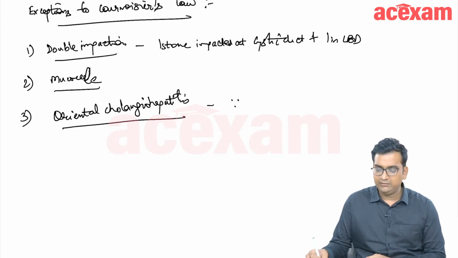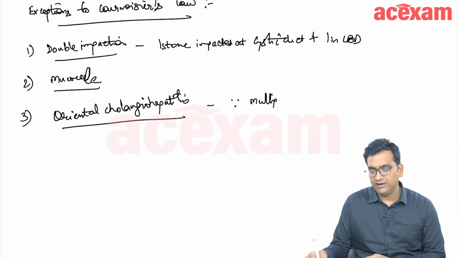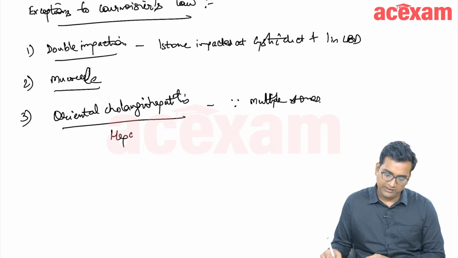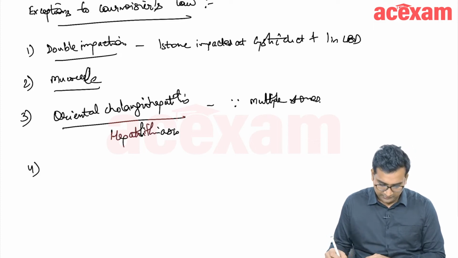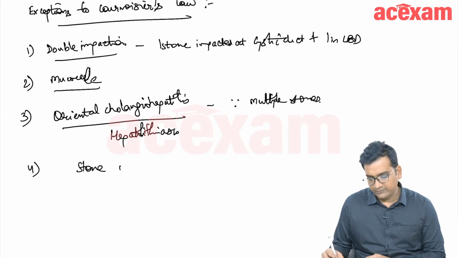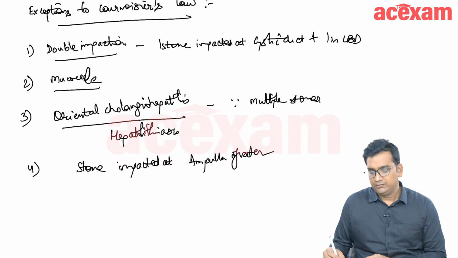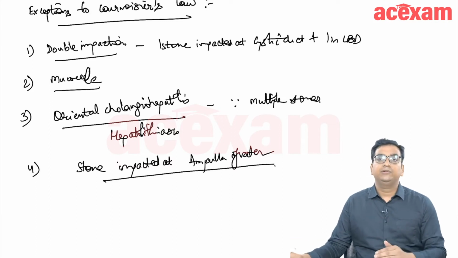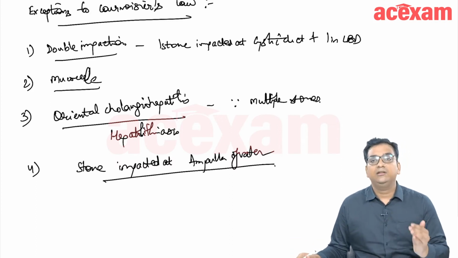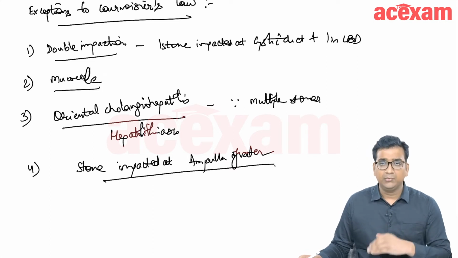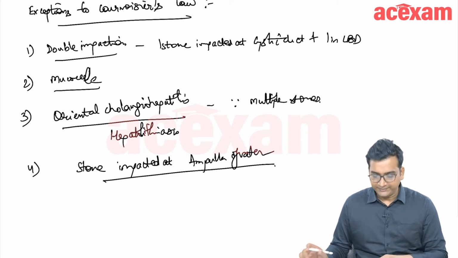Okay, because there are presence of multiple stones in the intrahepatic stones also known as hepatolithiasis. And next is stone impacted at ampulla of Vater. Okay. So exceptions to Courvoisier's law is when there is obstruction due to a stone disease, but the gallbladder is palpable. Okay.